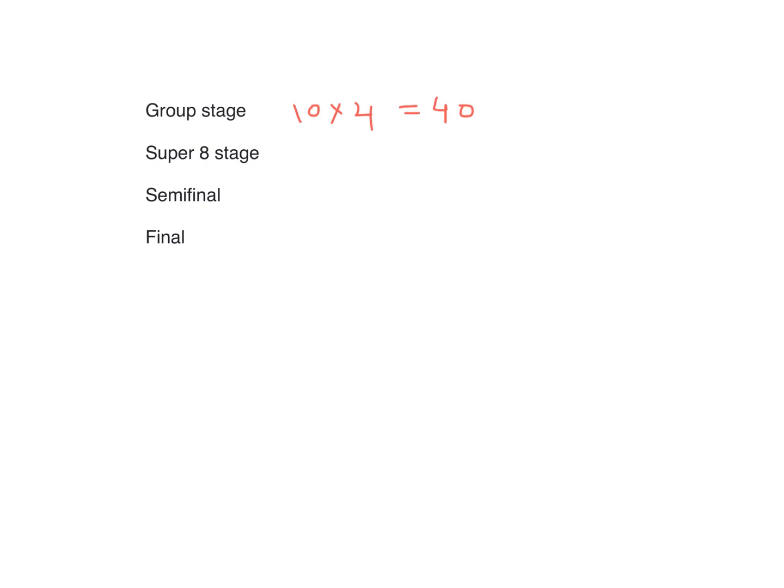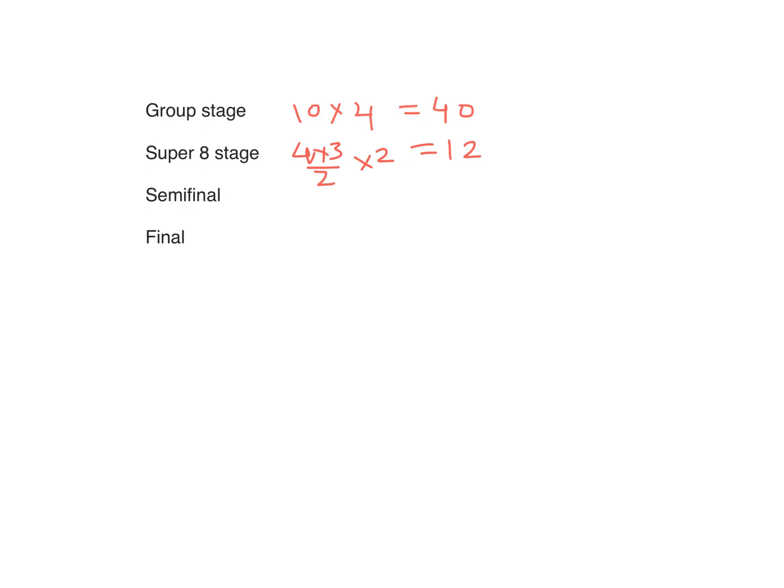Then at Super 8 stage there are two groups, and each group is having four teams. So 4 into 3 divided by 2, that many matches will be there in one group. And since two groups are there, you multiply that by 2. So there are 12 matches at Super 8 stage.